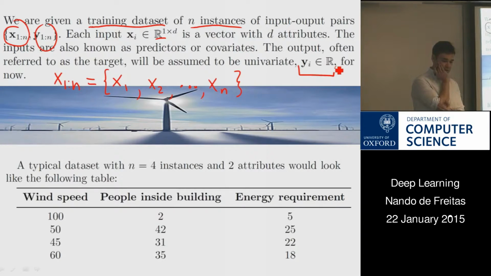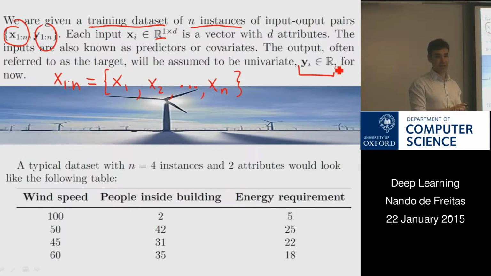An example might be something like this. We're given a table of data, and this is what this data set might look like, where we have the wind speed outside this building, and we have the temperature inside this building.